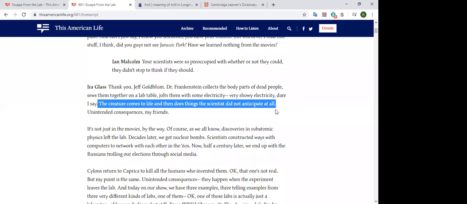Yes, it does. Does the bees come to life and then do things the scientists did not anticipate at all? No, it doesn't. So who comes to life and then does things the scientists did not anticipate at all? The creature comes to life and then does things the scientists did not anticipate at all.